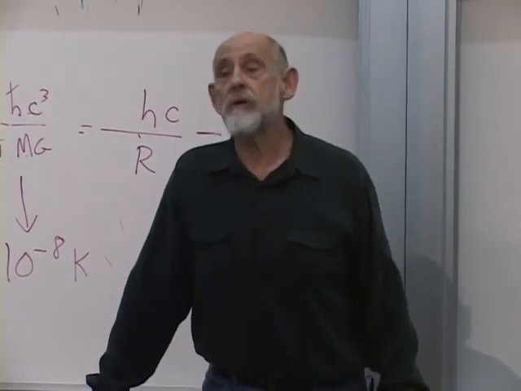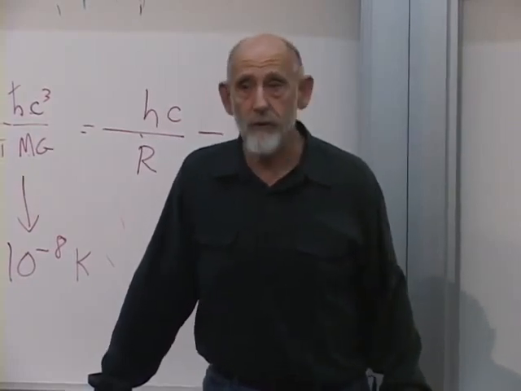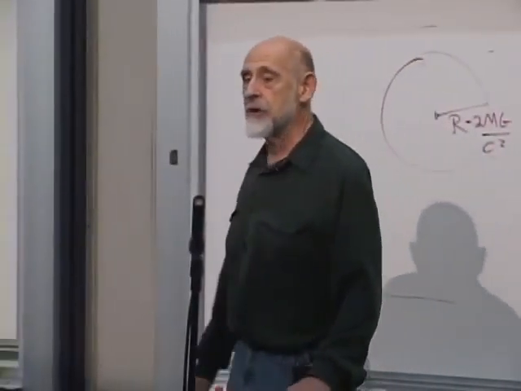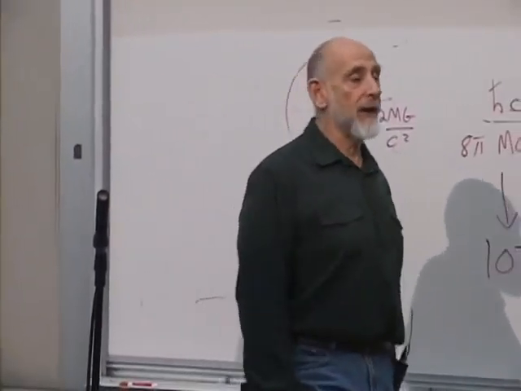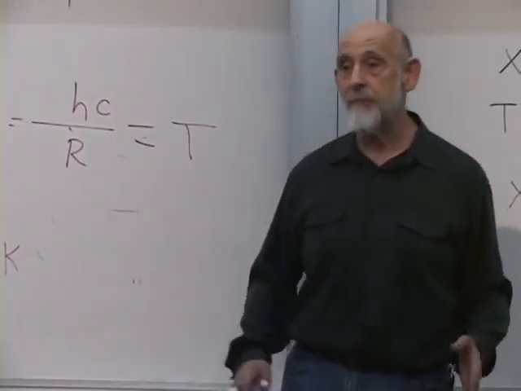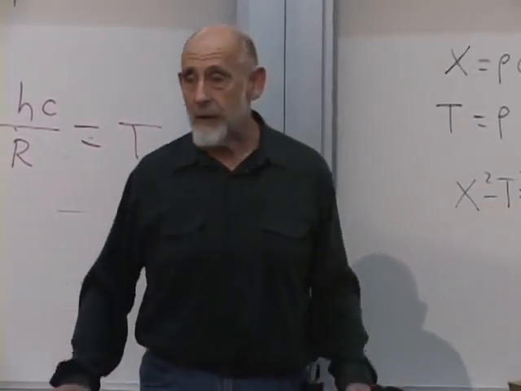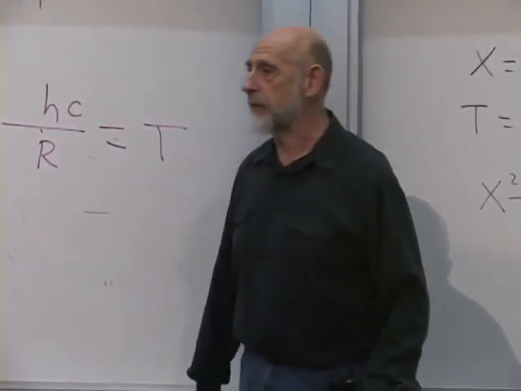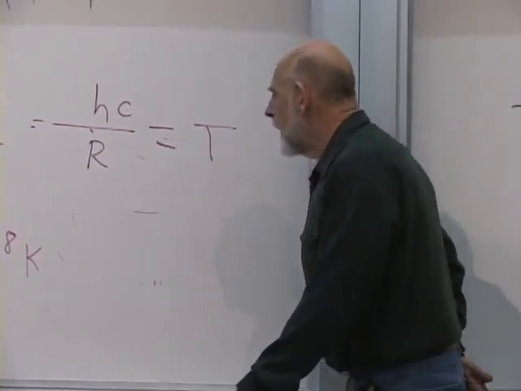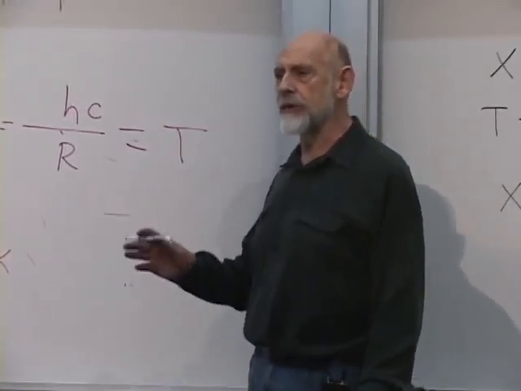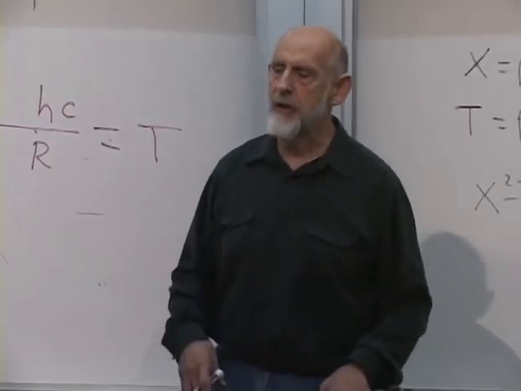Even in the remotest regions of the universe, far from any stars or anything else, we know that the temperature of ordinary empty space is about 3 degrees Kelvin. That's the microwave background. And so the black hole is cold. This black hole is colder than anything in empty space.